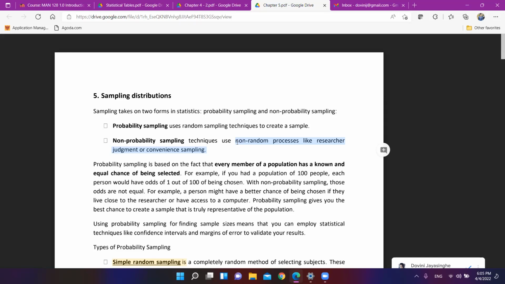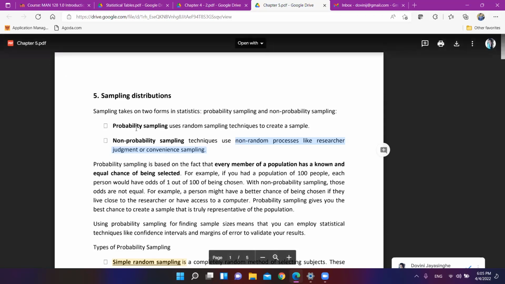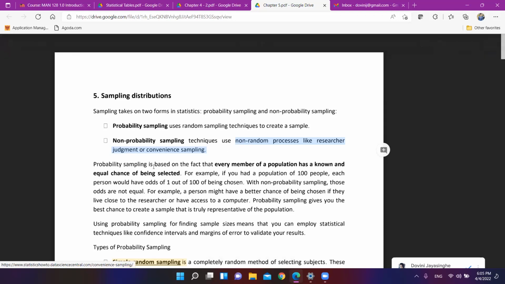That can be biased, that is subjective to the researcher. Non-probability sampling is subjective to the researcher. This is not guaranteed, but sometimes we really have to go for this sampling as well. There are instances. So these are the two main forms of sampling in statistics.